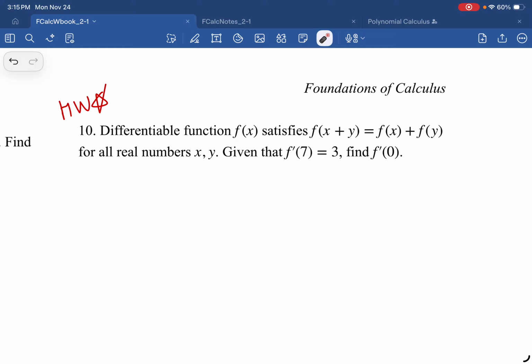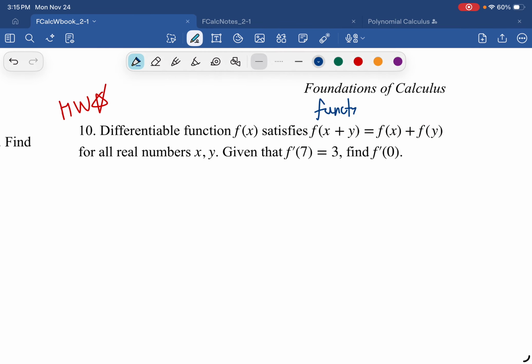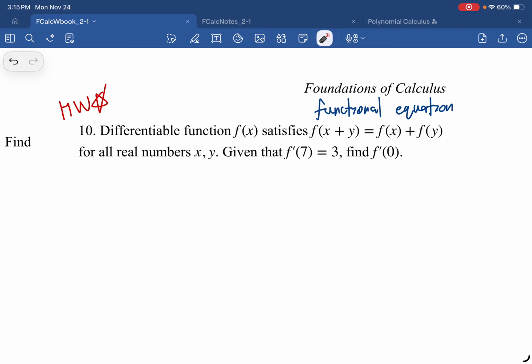Now, this is what we call a functional equation, okay? A functional equation is when you're given some properties related to a function. Here it's f of x, and this is a given property of that function, and you're trying to find what that function is.